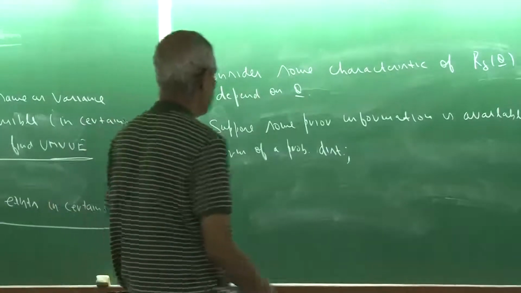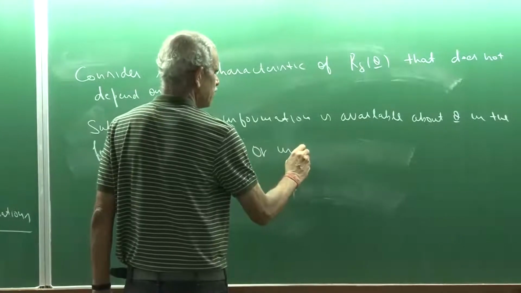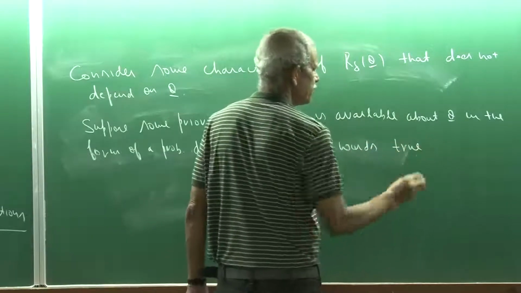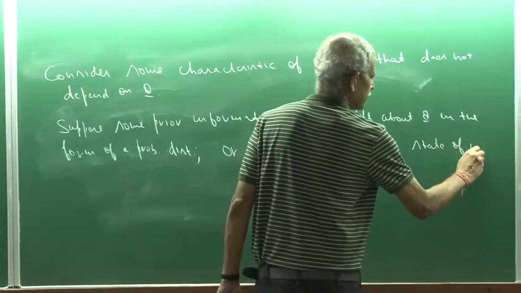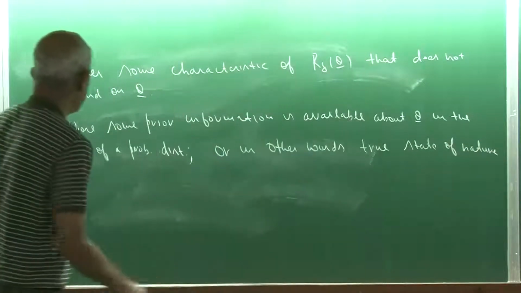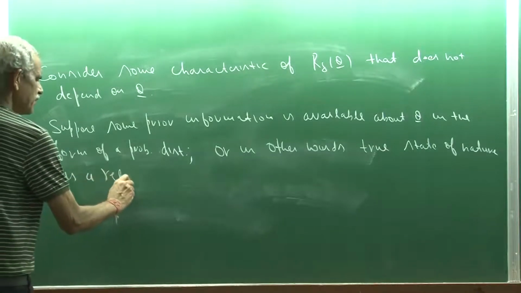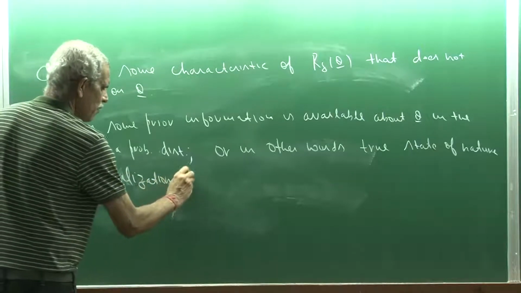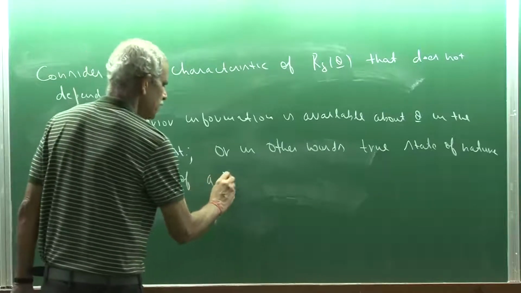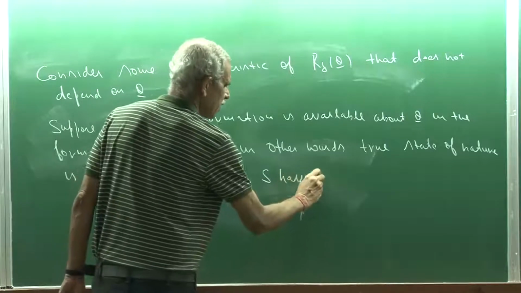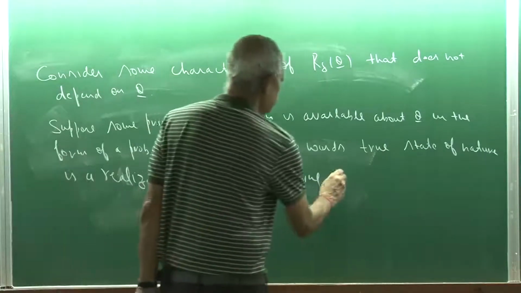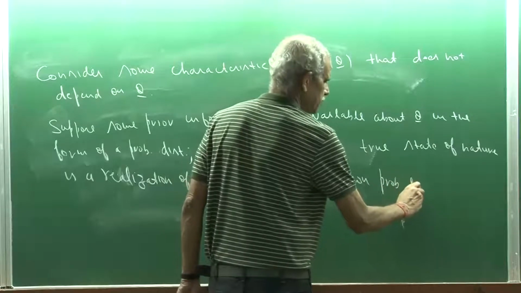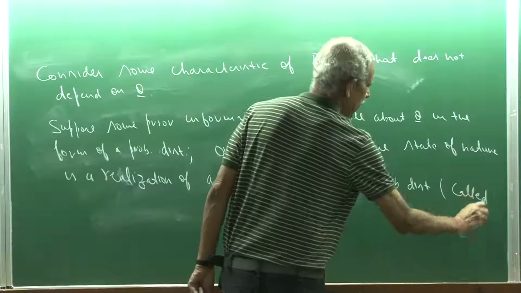Let me call that S. Or in other words, the true state of nature is a realization of a random variable having a given, known probability distribution. Now this probability distribution I call a prior distribution.